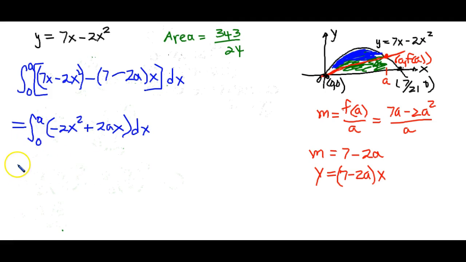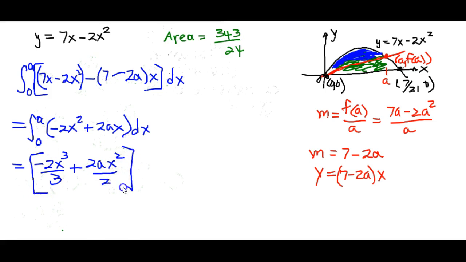Taking the antiderivative of each term, remember a is just a constant, so we're just going to treat it as if it's a regular number. The antiderivative is going to be negative 2x cubed over 3 plus 2ax squared over 2, and we're evaluating this between 0 and a.